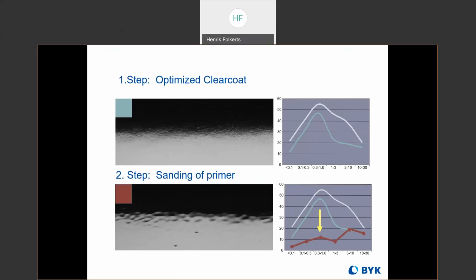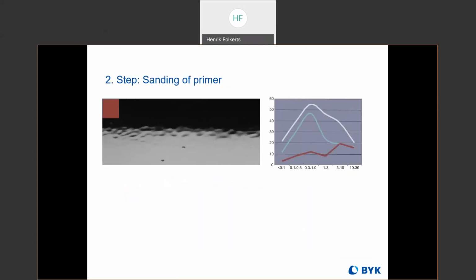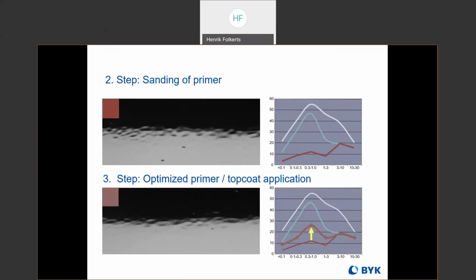But that is, again, going to reveal more of those long wave structures, and we're going to see more of that orange peel. So what we can do then is optimize the primer and/or the top coat application to actually bring that short wave back up a little bit to better balance out the long wave. So really, in the end, it's sort of a balancing act.